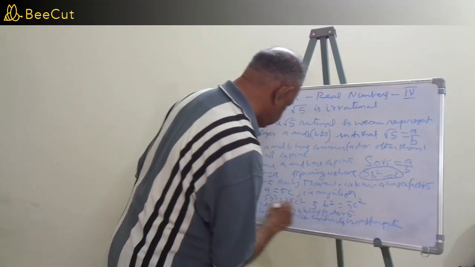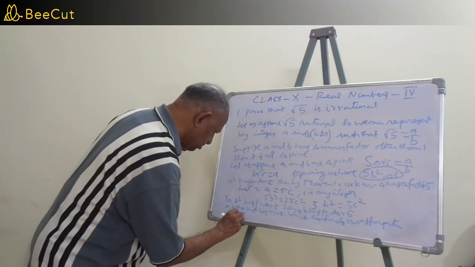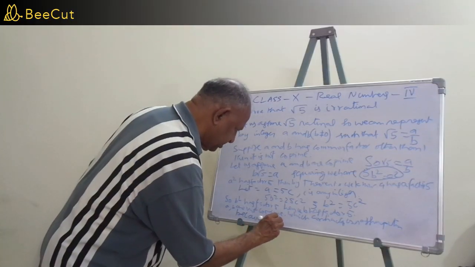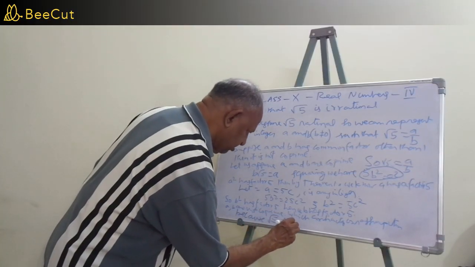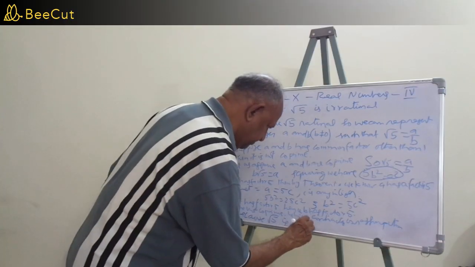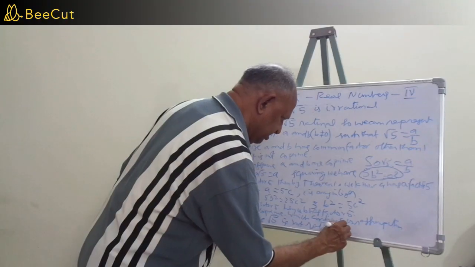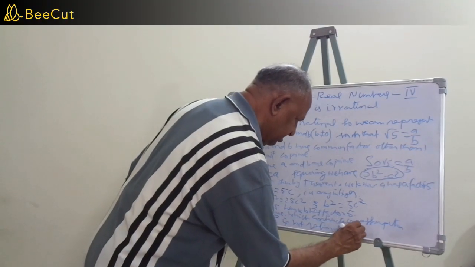Hence root 5 is not rational, that is, irrational.